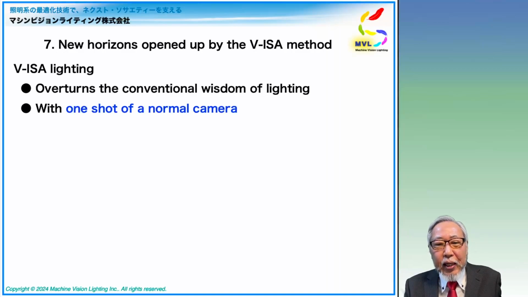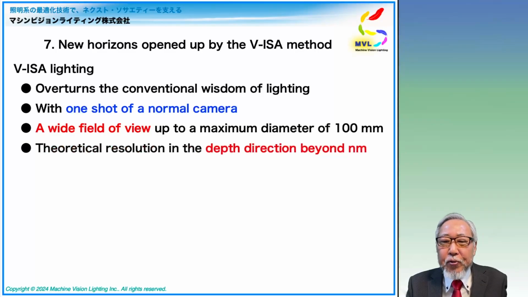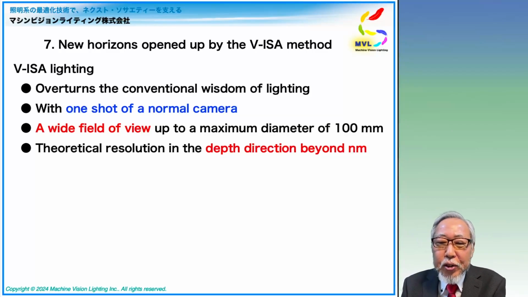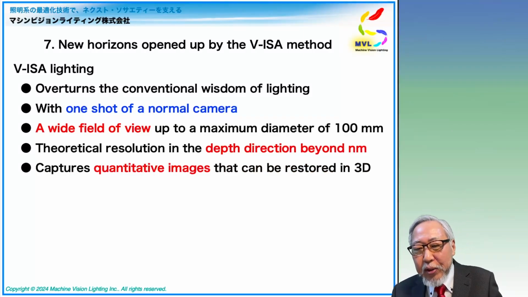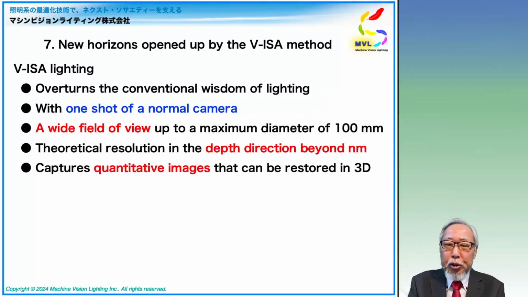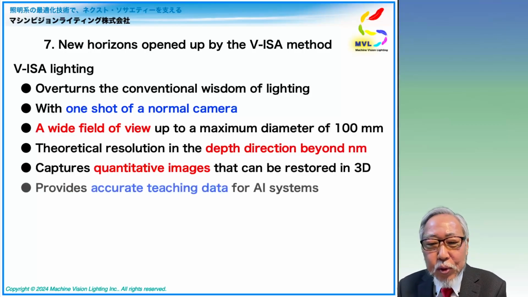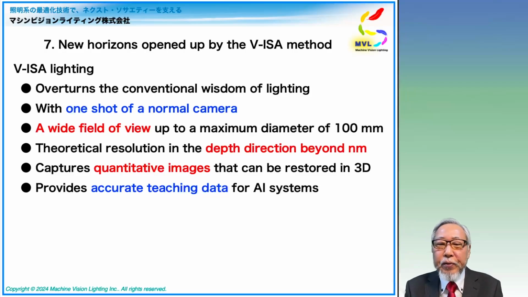Using this Visa lighting in one shot with a normal camera, a wide field of view of up to a diameter of 100 millimeters can be achieved, and in terms of depth resolution, up to a theoretical resolution exceeding nanometers. Of course, this can be made rougher or even down to millimeters, and this can be obtained as a quantitative image that can be restored in 3D.